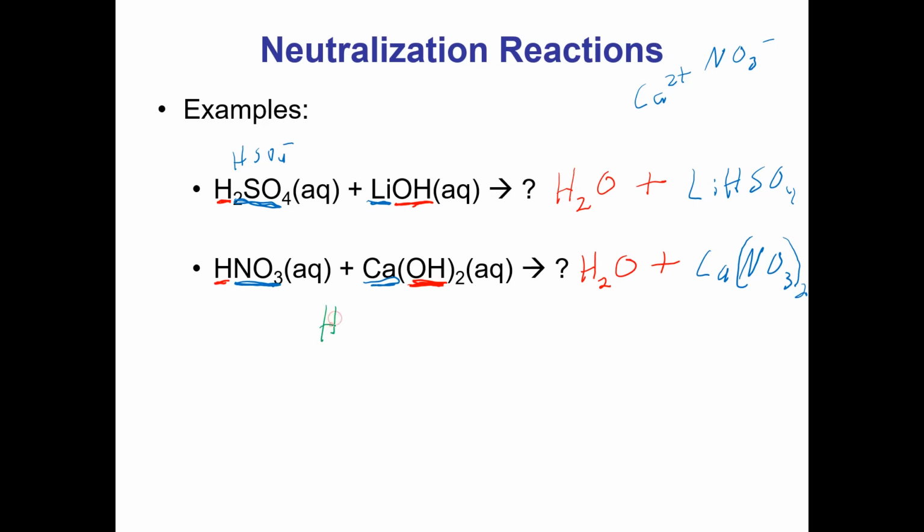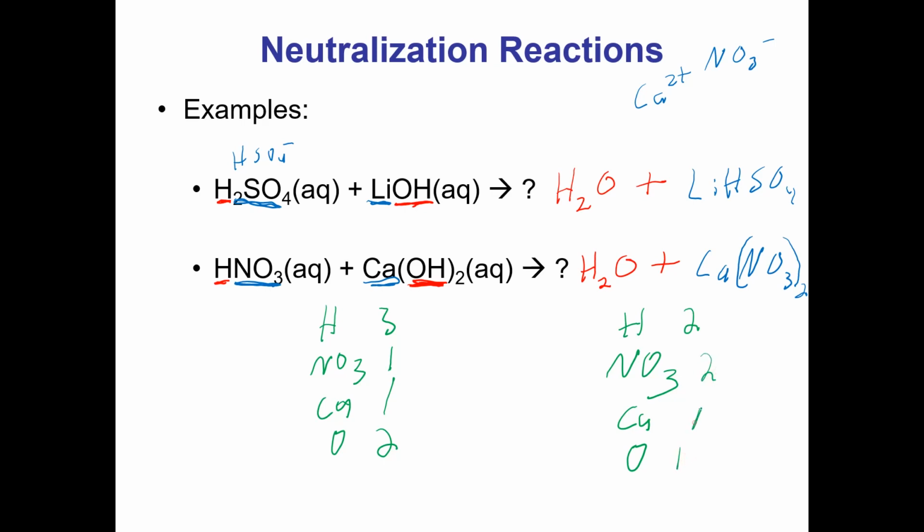Let's take a look at the second one. The hydroxyl ion splits up, so I'm going to balance that separately. So if I count this up, I have 1, and then there's 2 hydrogens over here, so a total of 3. I have 1 nitrate, 1 calcium, and 2 oxygens. If I go over to the product side, I have 2 hydrogens, 1 oxygen, 2 nitrates, and 1 calcium.